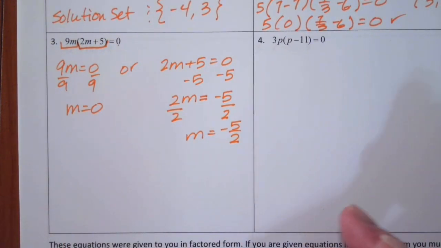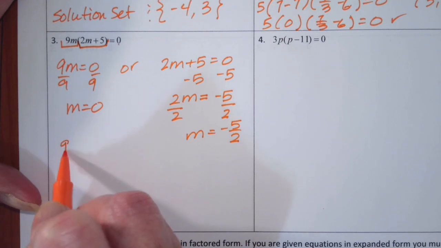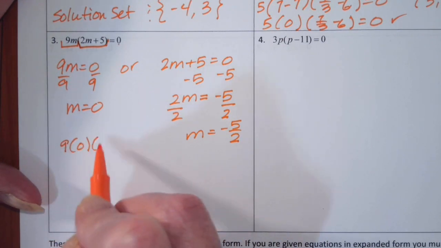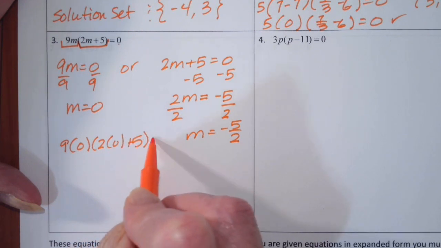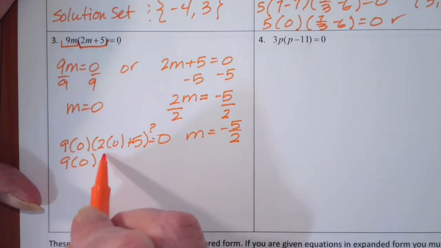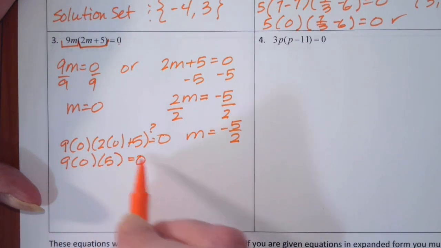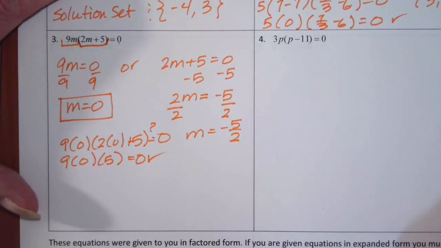Now, to make sure that we have done it correctly, we're going to check our solutions. So I want to know if 9 times 0 times (2 times 0 plus 5) is equal to 0. Well, that's 9 times 0 times 5 equals 0, which it does. So m is 0 is a solution.